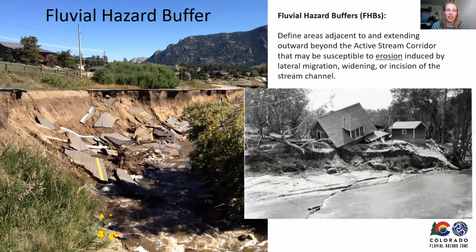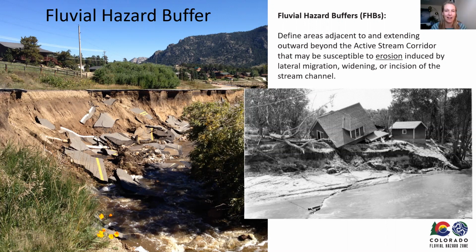So the second component is the fluvial hazard buffer. Again, that's the area where, if the channel moves into a valley terrace or one of the sand terraces or the valley margins, how far back you would expect that terrace to fail and be swept into the river.